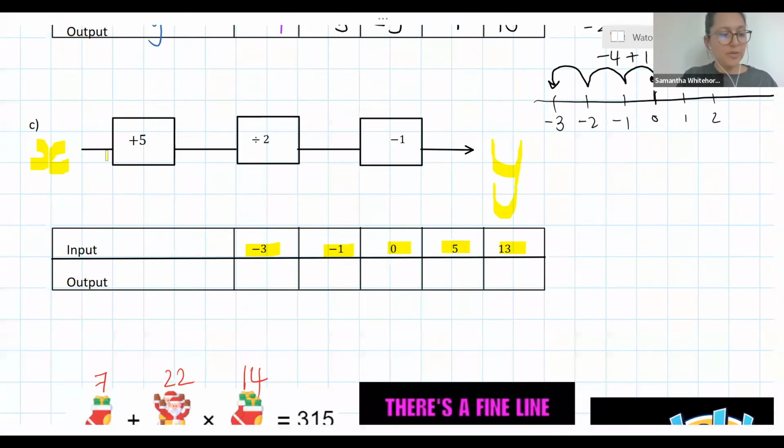So give it a go. If we're really struggling, I'll do the first one with us, but let's see how we go. Put your hand up when you've got an answer for me, or you can pop it in the chat. Let's again number these A, B, C, D, and E. You're doing exactly the same thing as what we did in the last question. So you take it and you perform those operations that I've given to you.